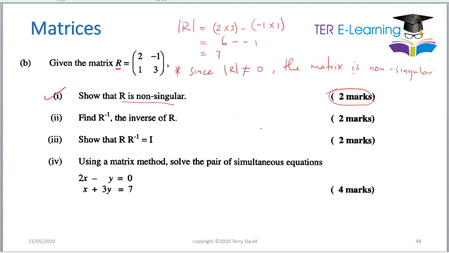So that's what you need to say in order to get the full 2 marks here. That's what you need to say. You need to work out the determinant, and then you need to tell them that since the determinant is not equal to 0, the matrix is non-singular, right?